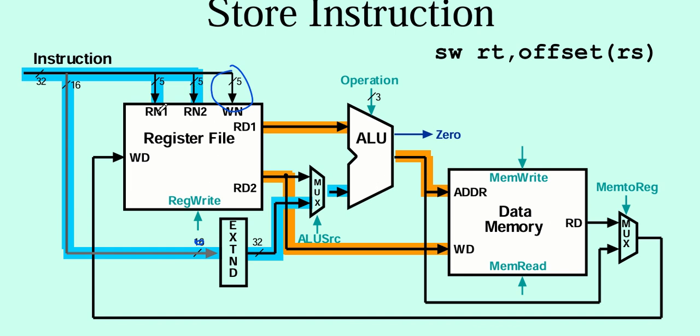And the source register address would read that register from the register file. So maybe when we read it, we got a value 5 from the register file. So that 5 is what we're going to store in memory. So this time MemWrite will have to be 1 so that we can store it, right? So it's actually no different from the other instructions, but depending on the different control signals, we're doing something different. So that's what you have to take note of.